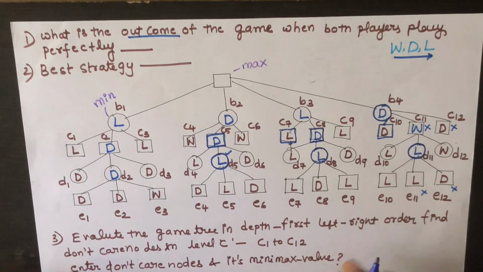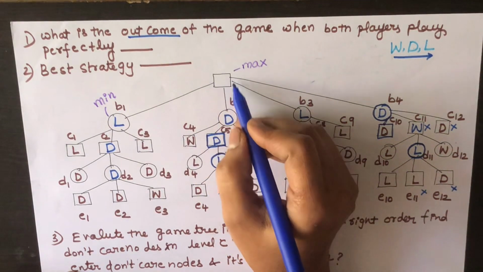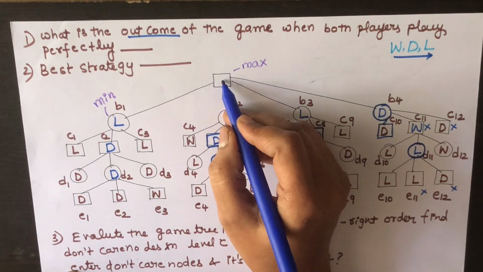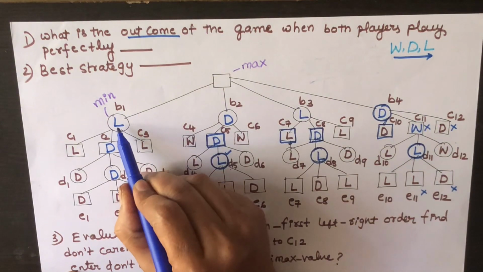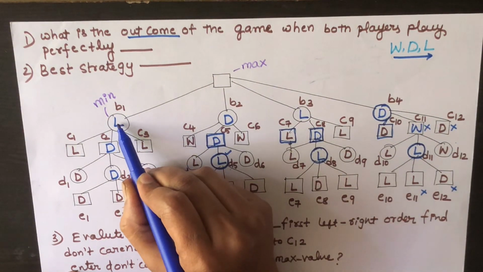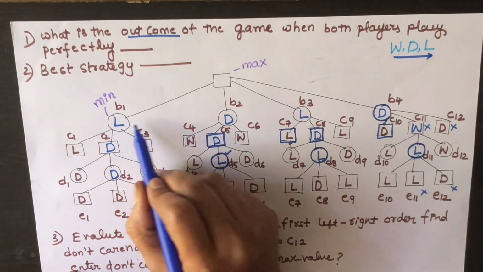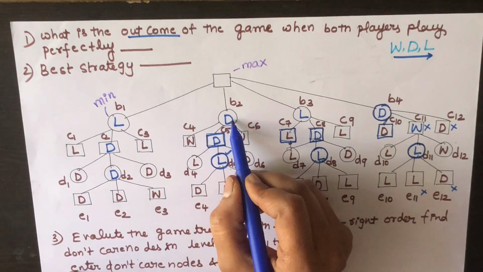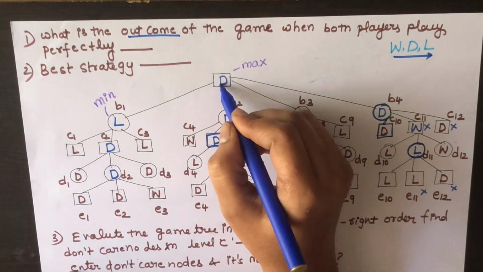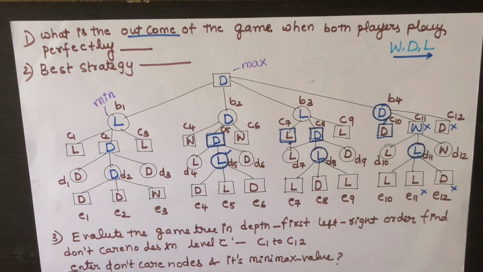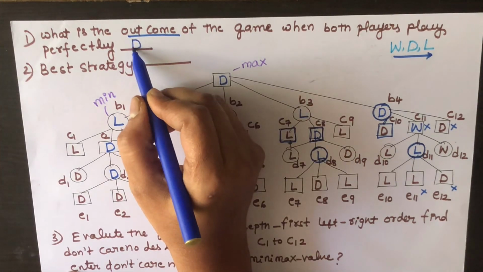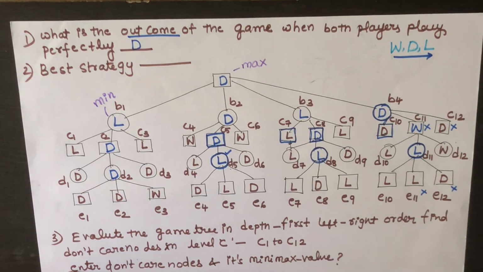So next, solve this node. The max node selects the maximum value from the leftmost. The game tree outcome is draw.